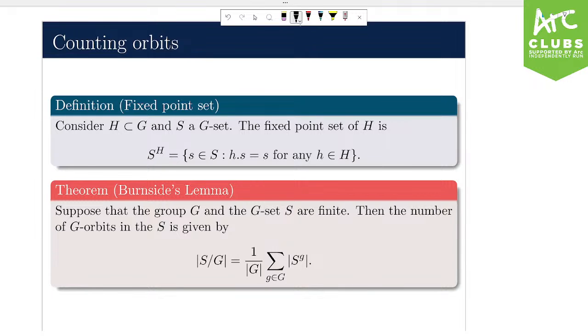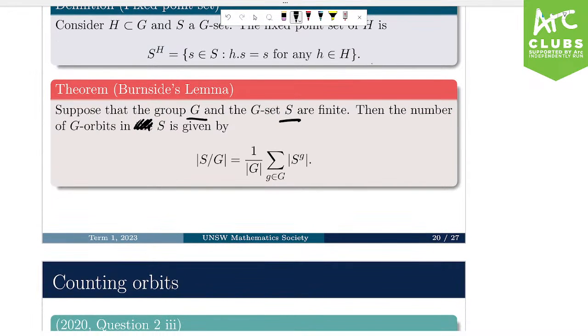If we have a finite group G and a finite set S, then the number of orbits, G orbits in S, is the sum of the sizes of the fixed point sets of every element in G, and you divide that by the order of G.